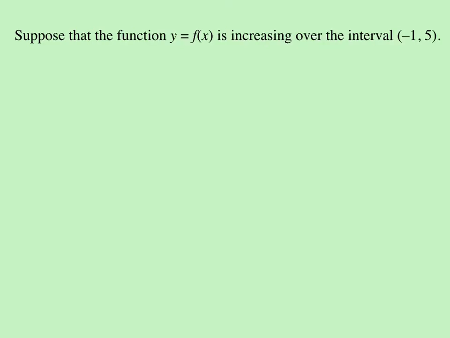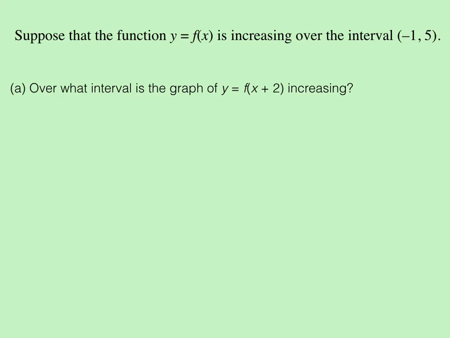Suppose that the function y equals f of x is increasing over the interval -1 to 5. So whatever function you have in your mind, as you look at the graph along the x-axis from -1 to 5, this thing is increasing. Now the first question says, over what interval is the graph of f of x plus 2 increasing?